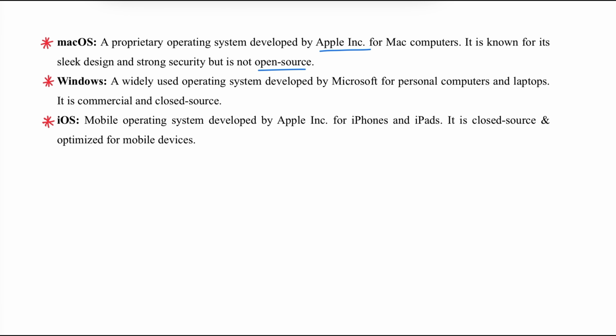Similarly, iOS is developed by Apple for iPhones and iPads. It is also not open source. Windows, developed by Microsoft for personal computers and laptops, is commercial and closed source. It is also not open source.